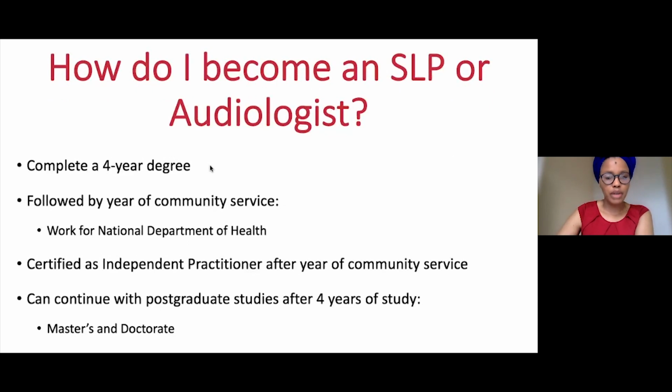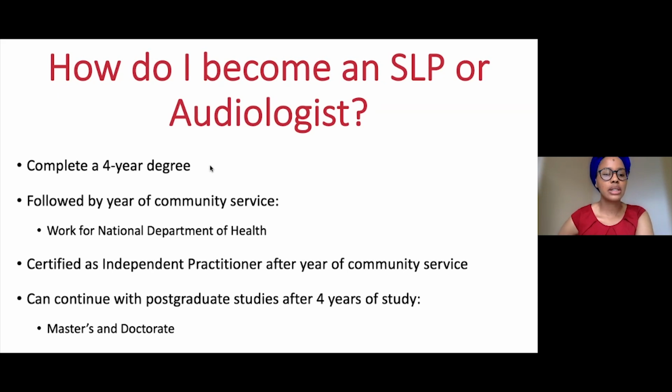So here's some information on how you can become a speech and language therapist or audiologist. It's a 4-year degree followed by a year of community service. During the year of community service, you have to work for the National Department of Health. And following the community service year, you will be certified as an independent practitioner.